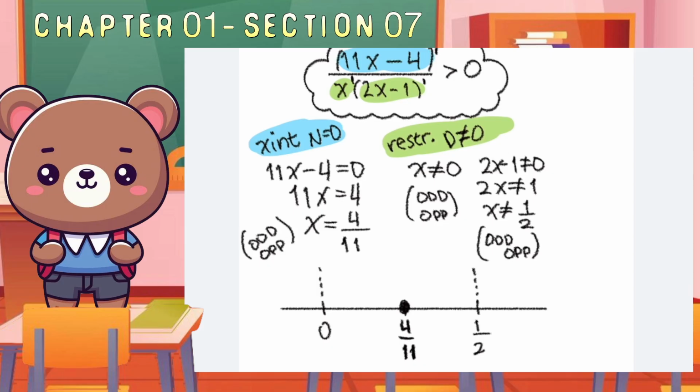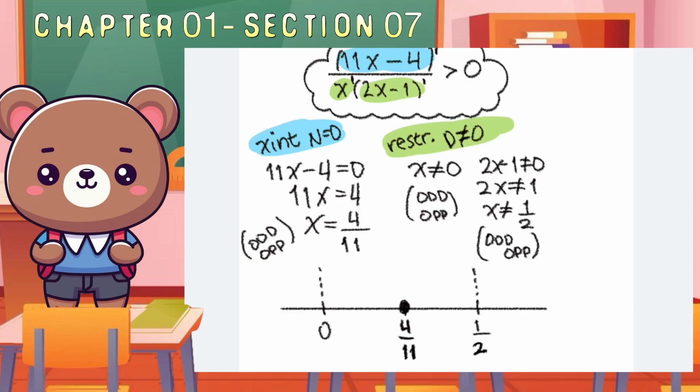So if I can't test 0 as a value, what I would rather do is test a big number. Maybe you just want to test 1 in this case, not that bad. Depending on the parentheses and everything that's going on, maybe I test like 100. If I test 100, the top's going to be positive, the bottom's going to be positive, so it's going to be positive.